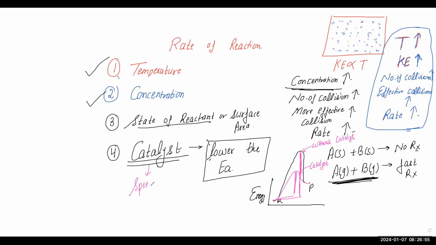That's the definition we can see in the books. Or you can say it increases the rate. Now you know the meaning of rate. Increase the rate by lowering the activation energy.